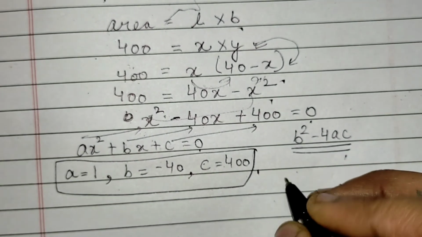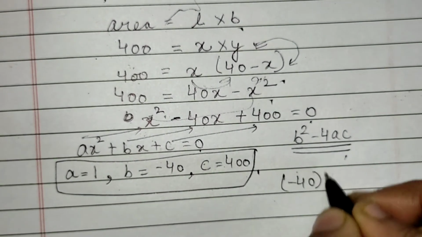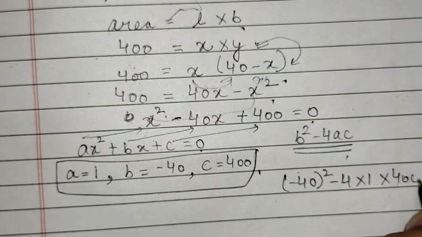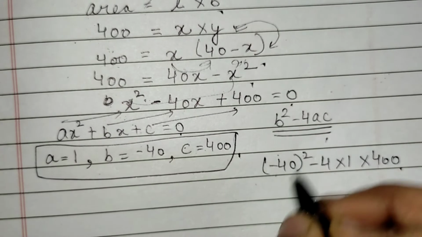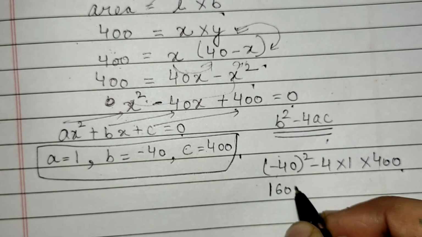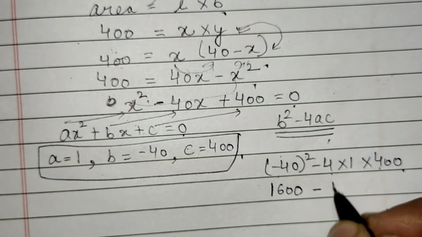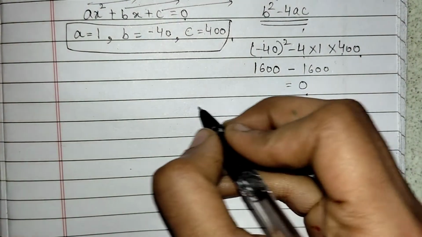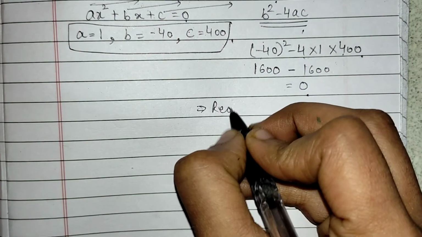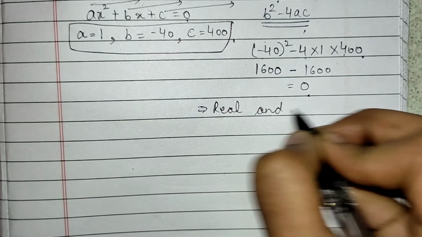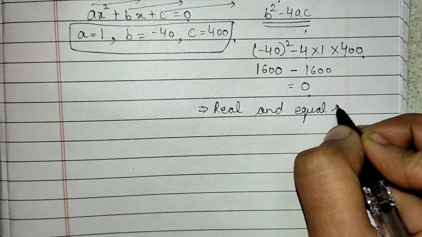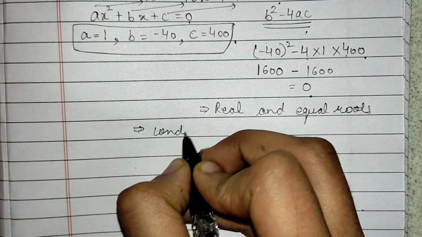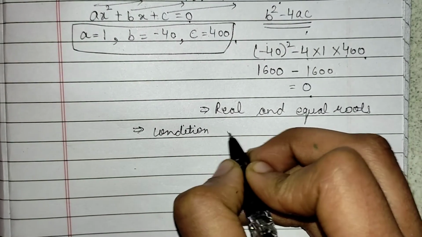Okay, so put the values. b is equal to minus 40 and a is equal to 1 and c is equal to 400. So it will give me 1600 minus 1600, which is 0, so that means my real and equal roots exist. Okay, so that means my given condition is possible.